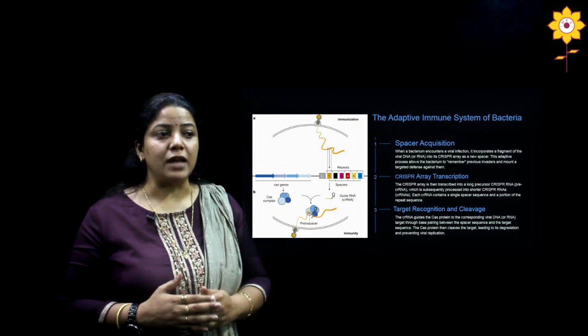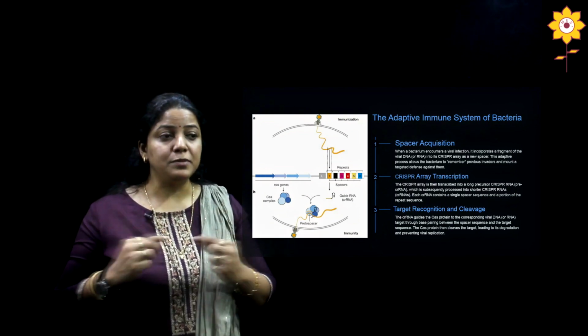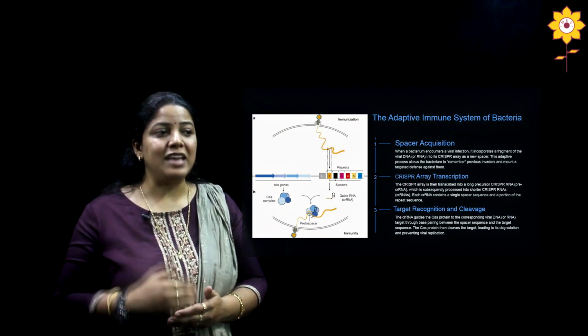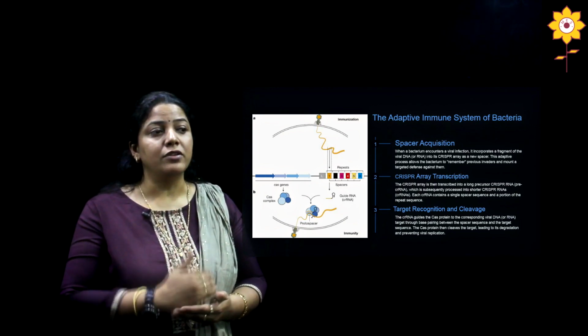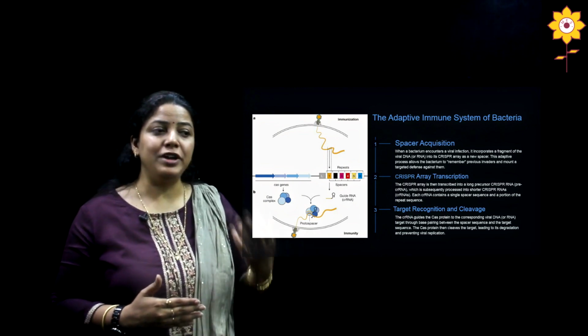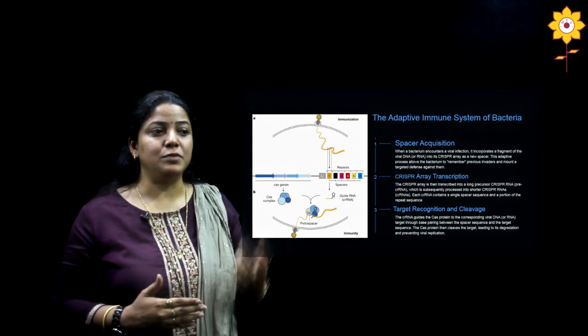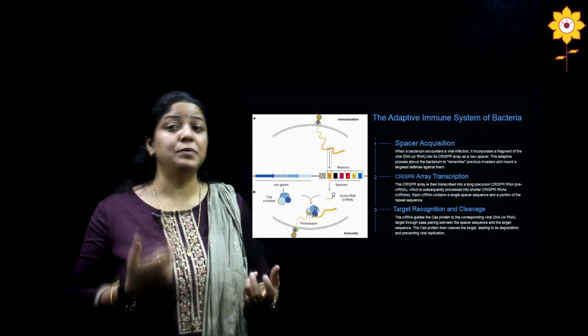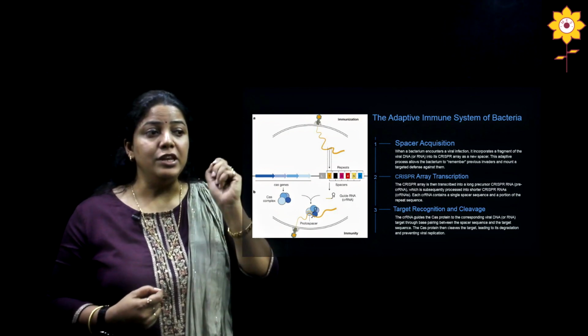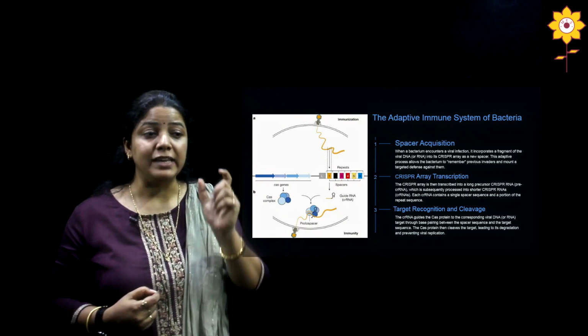Once that has been done, this CRISPR array gets transcribed. It will transcribe into the precursor CRISPR RNA, and then it will get matured into a proper CRISPR RNA, and this CRISPR RNA is responsible for directing the nuclease, that is your Cas9.